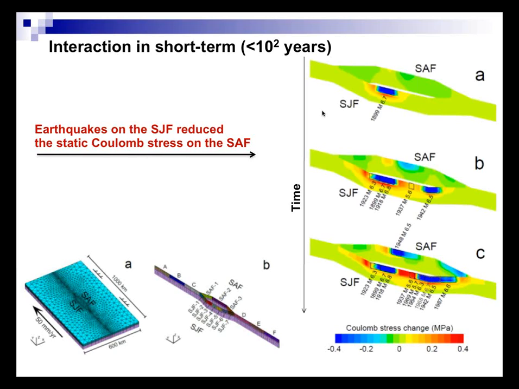So if you are near a fault line, you will see both the shear stress and normal stress change. An increase of shear stress or a decrease of normal stress will all make the fault easier to fail.